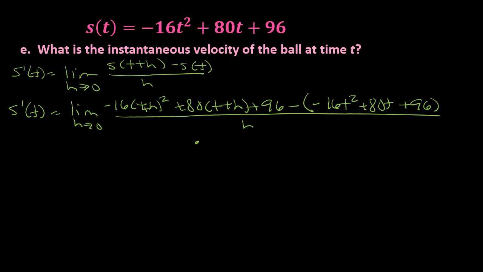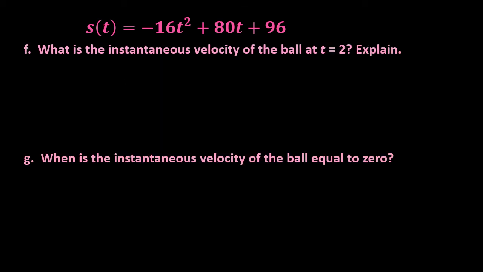All right. I am taking a super shortcut here. And if you did all that work, s prime of t is going to be negative 32t plus 80. So if you know the calculus shortcut, you know how I got that so fast. Otherwise, you had to do all that work to get that answer. So s prime of t is negative 32t plus 80.